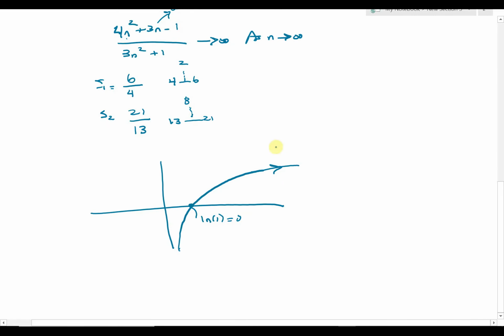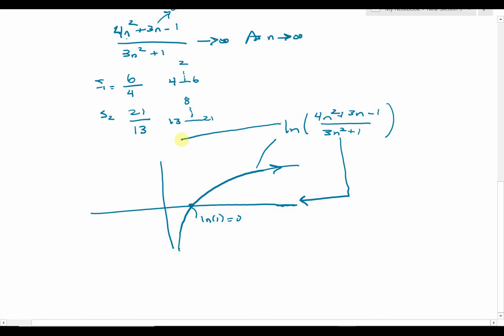So if we take ln of 4n squared, well, these inputs right here are getting larger. So basically the input is on the x-axis. This is our new input. So the inputs go on the x-axis, and the output goes along this axis.